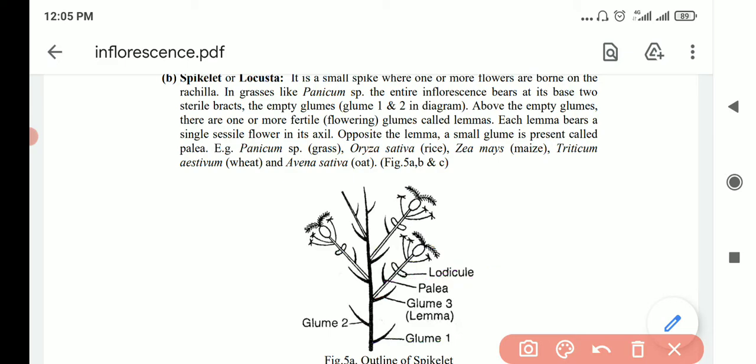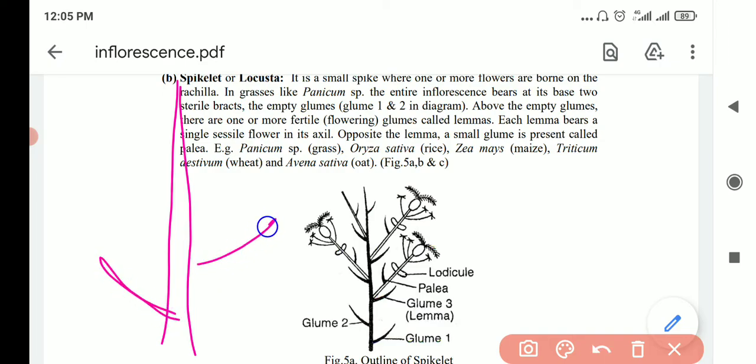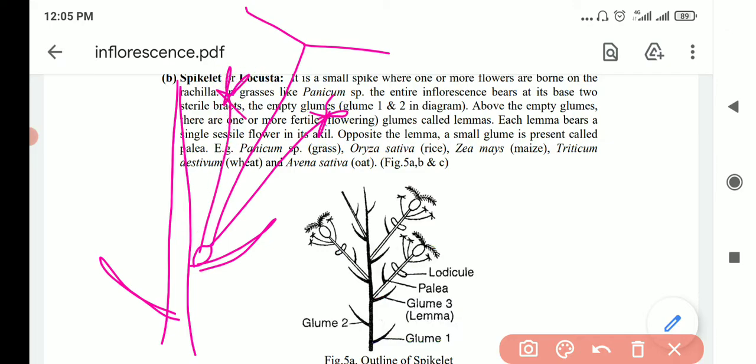So you draw the simple one like this: sterile glume, then fertile glume, then the female you draw like this, and then the males you draw like this. So that is easier, no? Then you can go on again.